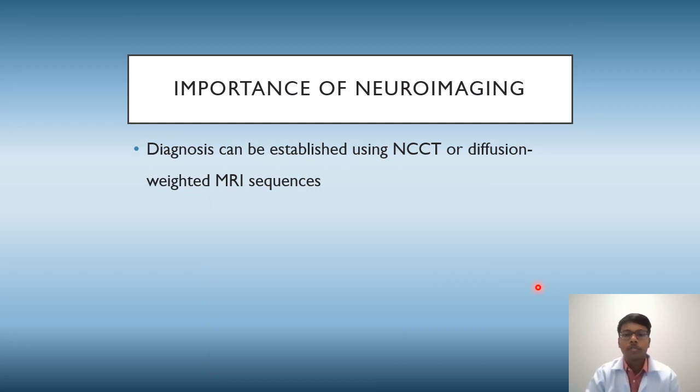So, the importance of neuroimaging. Always the neuroimaging remains at the highest priority in differentiating different neurocerebrovascular diseases. So here, in this case of a cerebral air embolism, diagnosis can be established using a non-contrast CT head or a diffusion-weighted MRI sequence.